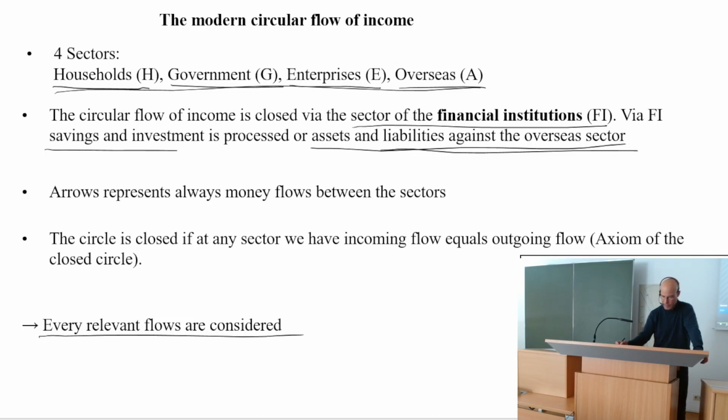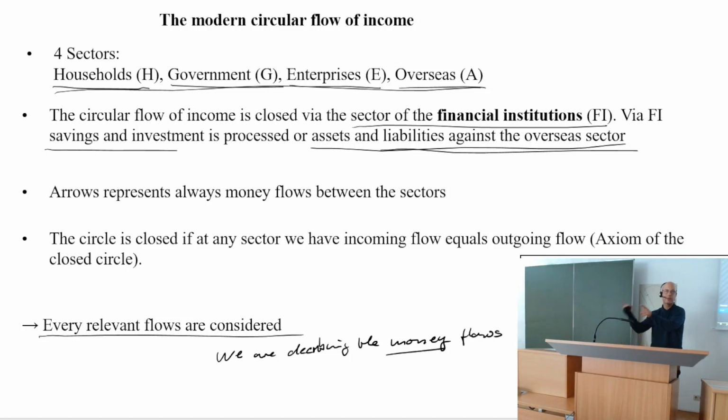And what is important, hopefully I have written it down here, we are describing the money flows. And this is important because the banana is going from the enterprise to the household sector.